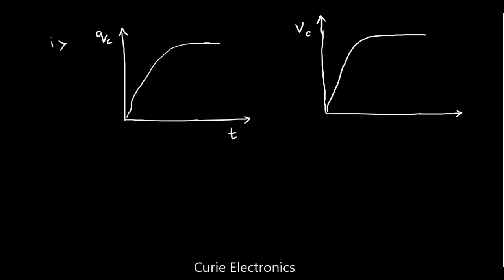This is the voltage across the capacitor with respect to time. Then what happens to the current? When you charge a capacitor, the current exponentially decays.